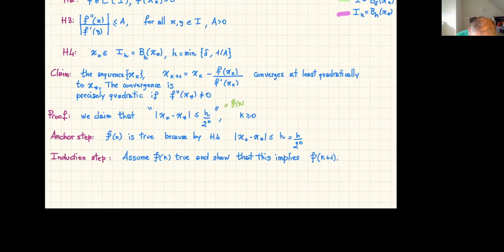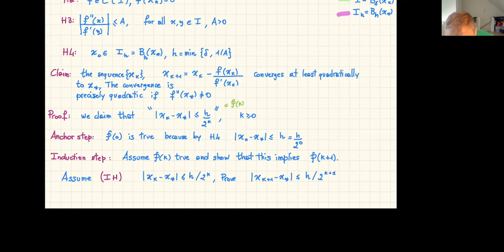Now, what is pk? So we're going to then write down, assume a further hypothesis, which I'm going to call IH for an induction hypothesis. We're going to then assume that xk minus x star is less than or equal to h over 2 to the k. And we're going to prove that xk plus 1 minus x star is less than or equal to h over 2 to the k plus 1.